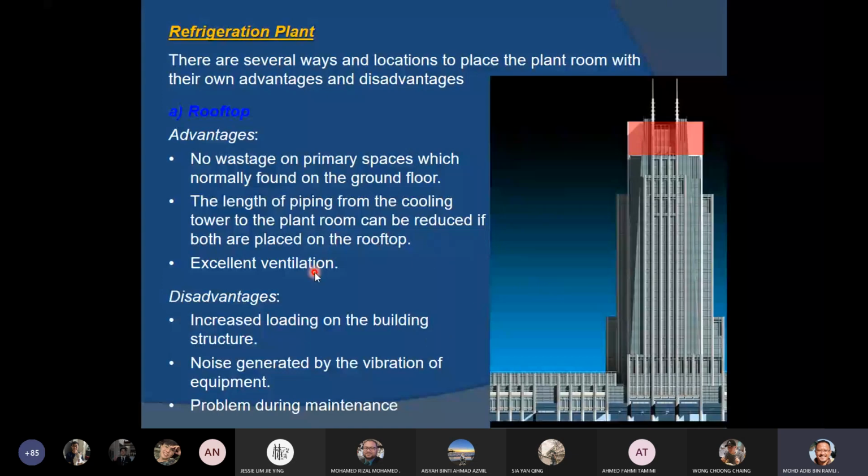Another plus point for this placement is excellent ventilation, especially for the cooling tower. Disadvantages: increased loading on the building structure, because the plant room and machineries are quite heavy.